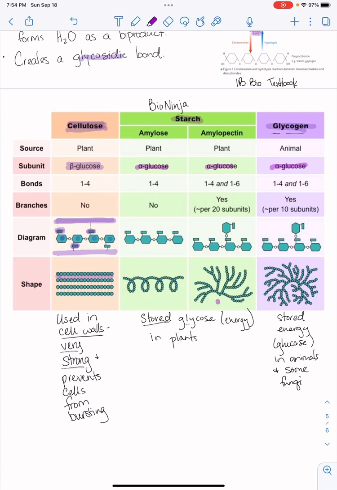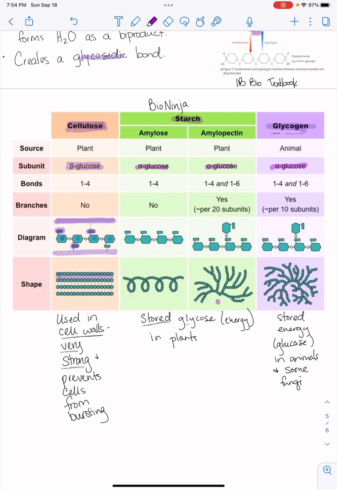So we have amylose and amylopectin. The main difference being, the glycosidic bonds can form on the first carbon and then the fourth carbon.